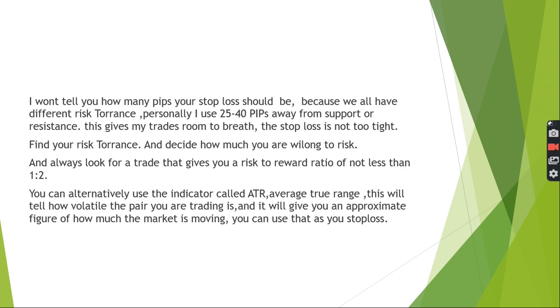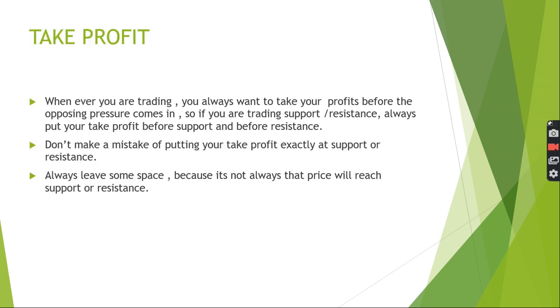You can alternatively use the indicator called the average true range, ATR. This shows how volatile the market is, and it will give you an approximation of how much the market is moving. So you can use that figure as a stop loss or take profit.